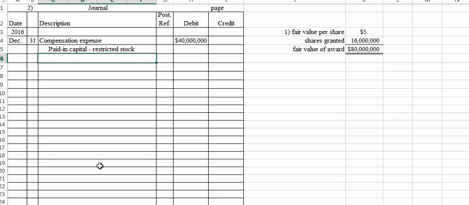It's restricted because it's not going out to the employees, in this case vice presidents, until they have been in the employ of Allied Paper for a 2-year period. So far they're only 1 year in. So we'll credit it for $40 million as well, half of what they've earned by the end of 2016.